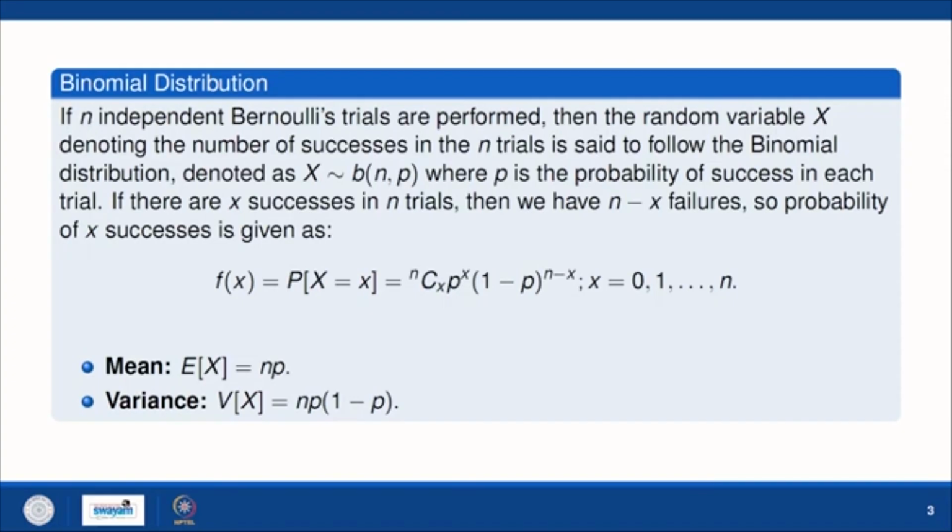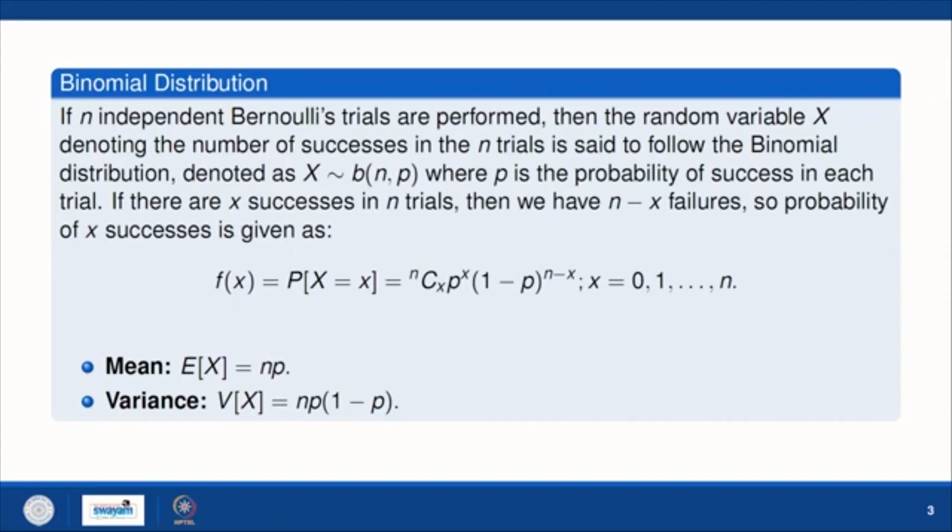So, the probability of x successes will be given by, out of n there are x successes, so it is nCx. nCx is simply factorial n upon factorial x into factorial n minus x, multiplied by p^x, which is the probability of getting x successes, and (1 minus p) is a failure, and there are n minus x failures.